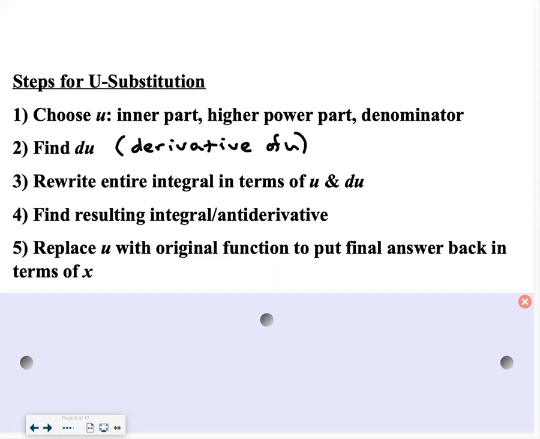So there's our step 5. It probably doesn't make a ton of sense right now, but once we do a couple problems, it'll hopefully clear up.